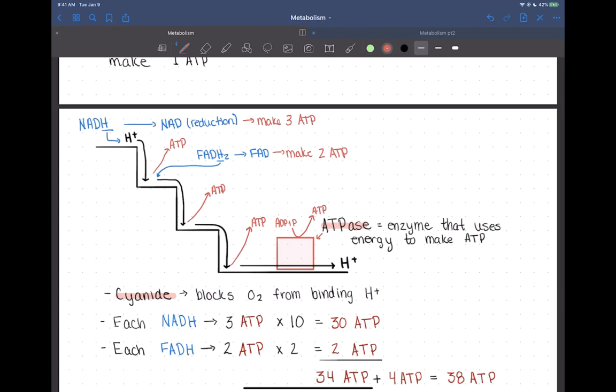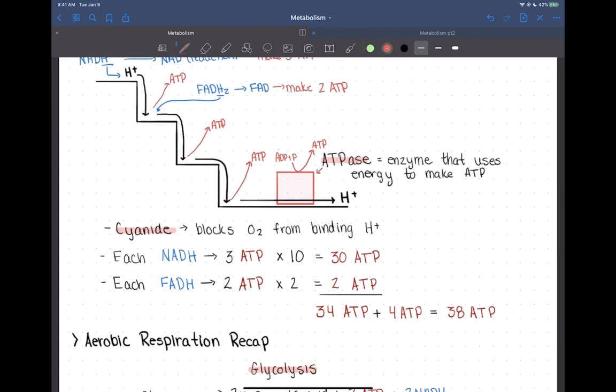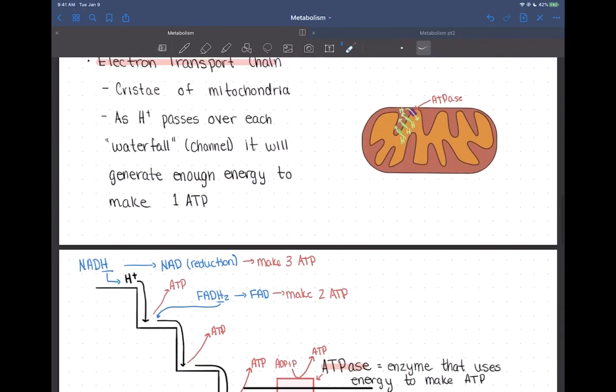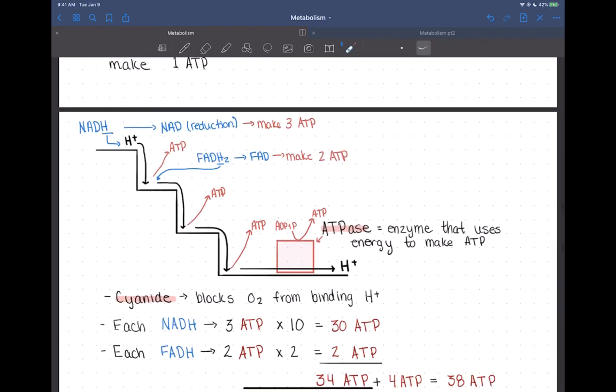All right, so let's talk about our total of ATP that we made. Oh, one last thing. Almost forgot this hydrogen. So we've ended our process. We've allowed all this hydrogen to rush into the matrix of the mitochondria, which is going to make it very, very acidic. So we have to neutralize that acidic environment, and that is done by oxygen.